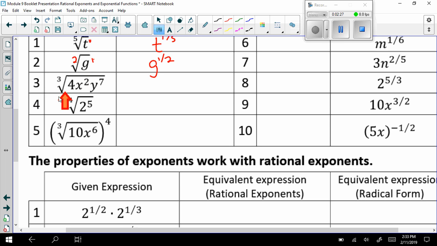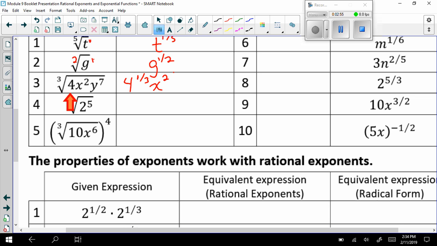Now number 3 gets more complicated. I've got the cube root of 4x squared y to the 7th. When I rewrite this, I'm going to take each base individually and write it with its rational exponent. I'm going to start with the 4. It has an exponent of 1 and an index of 3, so 4 to the 1/3. Then I'm going to do the x.